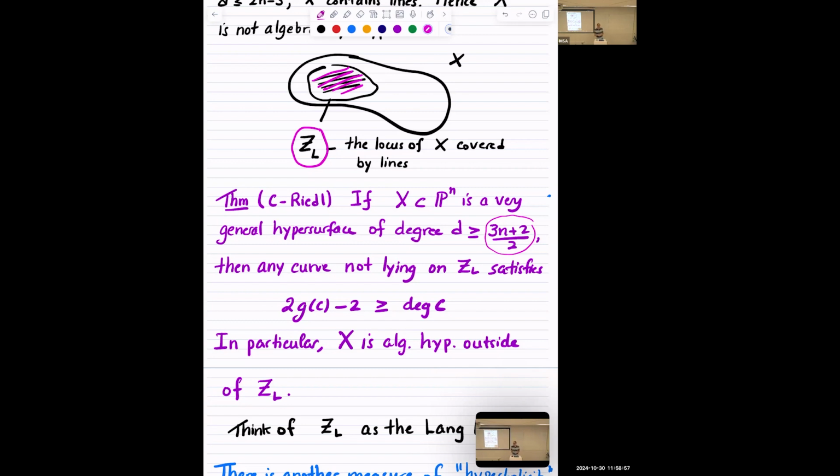Now you can ask, in some appropriate range, is it true that the Lang locus is the union of lines and conics? Maybe you go one step further, and now you start containing twisted cubics. You can ask whether lines, conics, and twisted cubics account for all these things. There are some partial results in this direction in the conic range due to Abe, but at least we don't expect these to be sharp.